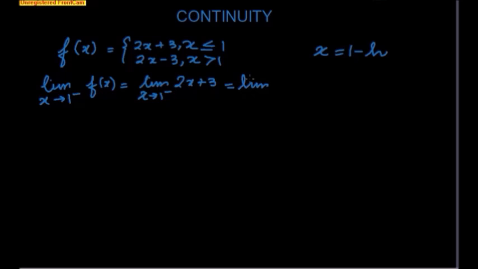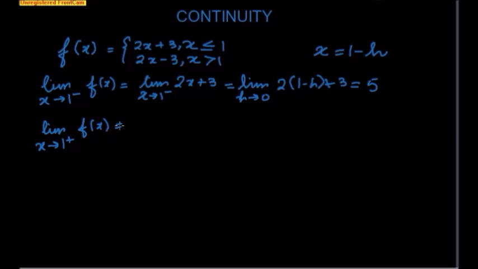So we write down here limit h tending to 0 of 2 times (1 minus h) plus 3. As we put h equal to 0, the answer you get is 5. I take the second side, that is the right hand limit x tending to 1 plus f(x), which is equal to limit x tending to 1 plus, and the function from the question is 2x minus 3.